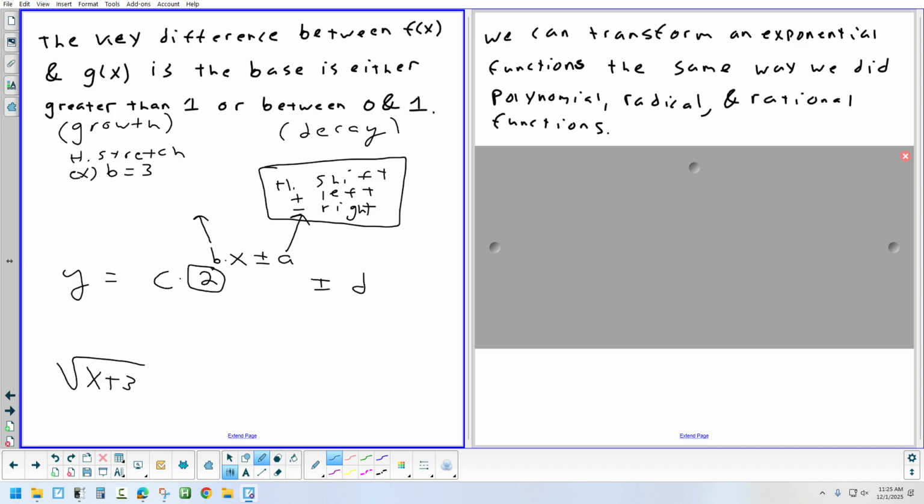If B is 3, it doesn't stretch it 3 times. It actually stretches it 1/3. So if B is 3, that's a horizontal stretch by 1/3. What about if B was a half? How do you think you would do that one? That's a horizontal stretch by 2.